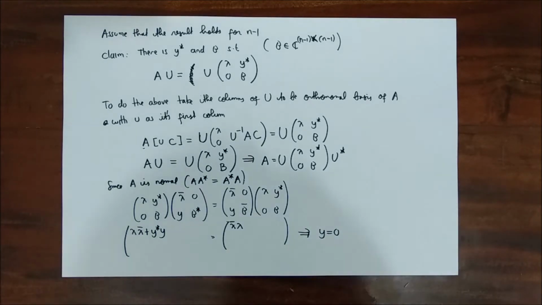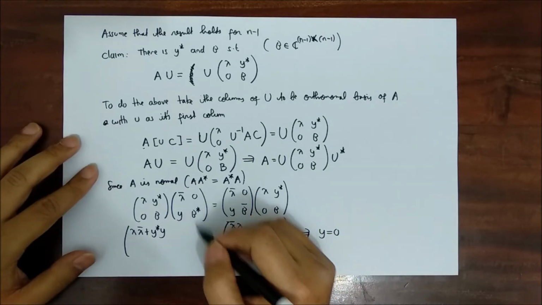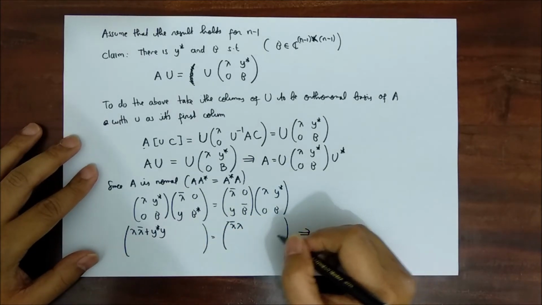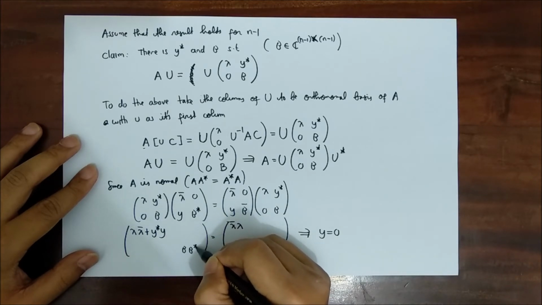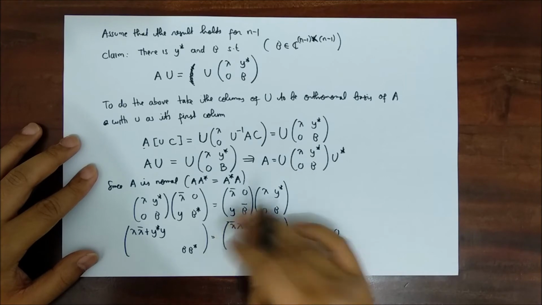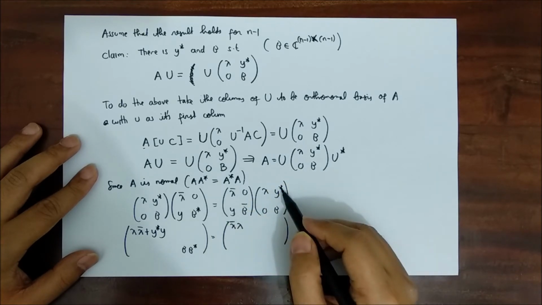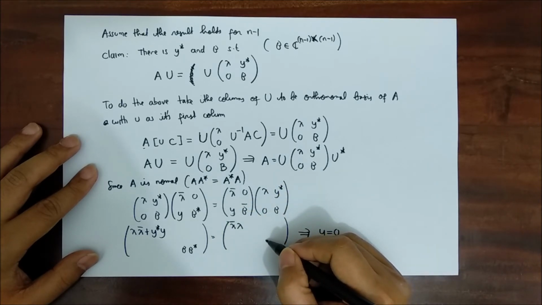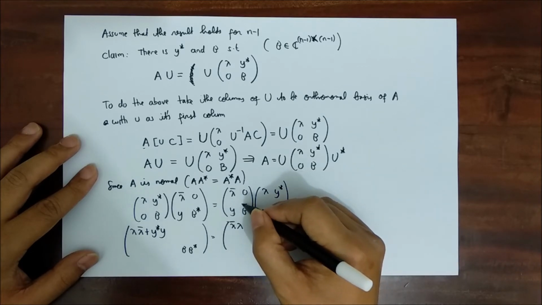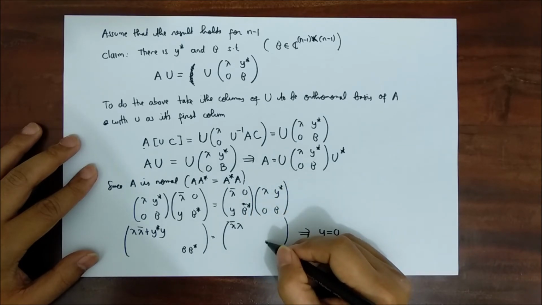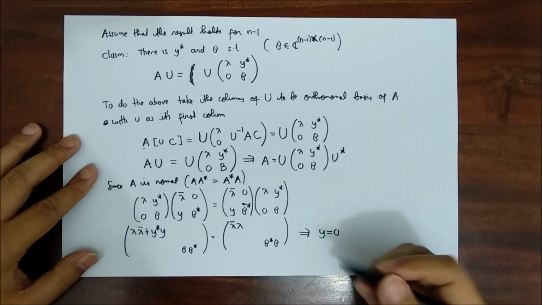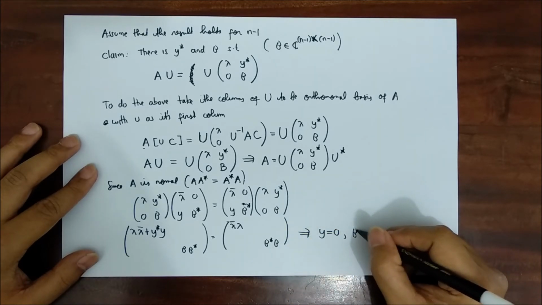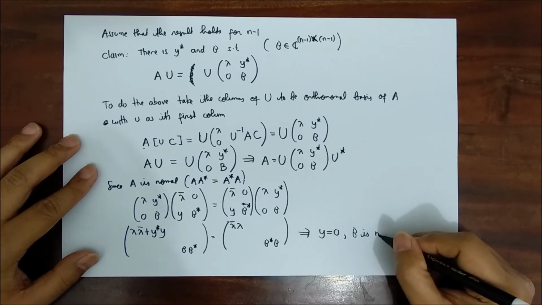Okay, and then, since Y is equal to 0, I'm sorry, this should be B star B. Okay, so we also conclude that B is normal.